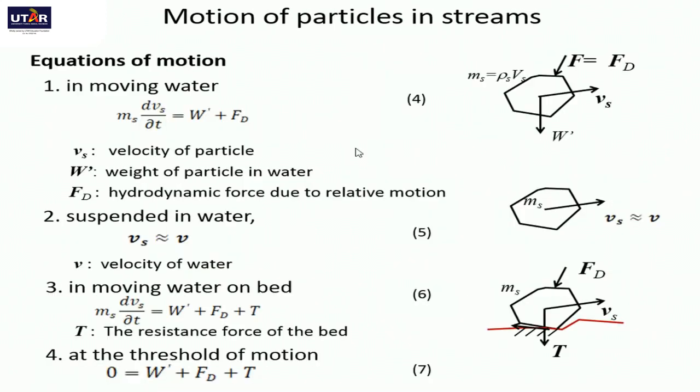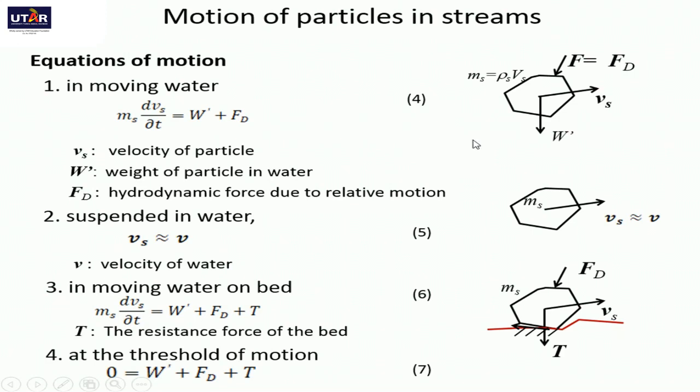Okay, now consider the motion of sediment particles in moving streams flowing on a rigid bed. The equation of motion of a solid particle in water without getting in contact with the bed is given by the equation with the gravitational force and the fluid force, or the weight in water and hydrodynamic force, like in equation 4.